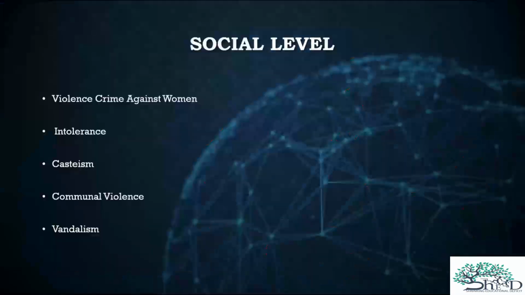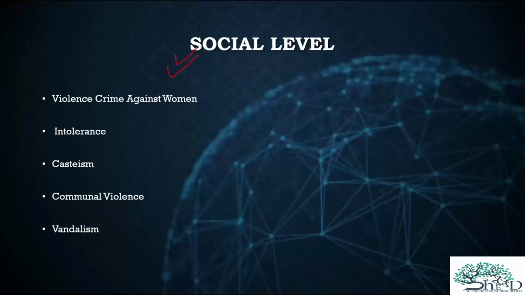Let's come on to the next topic, the social level. If at the social level we don't follow ethics, we will see rising intolerance and rising violence against women. Like we just saw domestic violence, that was at the individual level, but at the society level there is an increase, right? Because of patriarchal attitude, women are looked at as a weaker section, so they are thought of as easy to exploit.